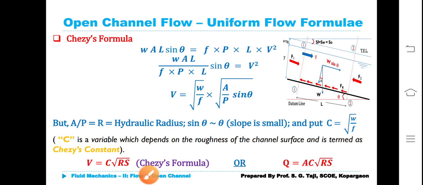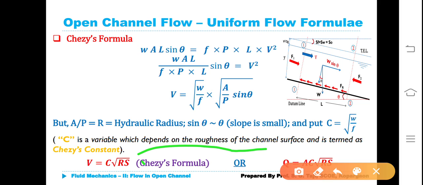But A by P we know is nothing but hydraulic radius capital R. Sin theta is almost equal to theta because slope is very small, and put C is equal to under the square root w by f, where C is a variable which depends on the roughness of the channel surface and is termed as Chezy's constant. That can be found out by using Kutter's formula and Bazin's formula that we will come across just after 5 minutes.